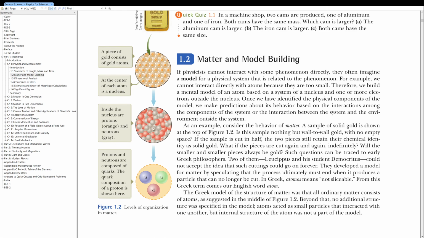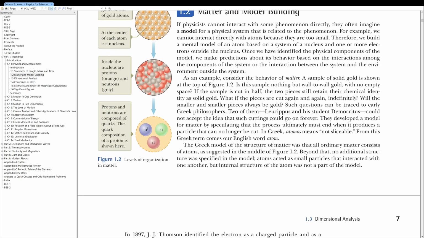And what's a gold atom? Well, inside of the nucleus, there is a certain number of protons and neutrons, right? And then what's inside of the proton? Well, there's some quarks doing some really fancy and amazing stuff, right? And the question is, do we really care about the quarks if we want to know whether we're rich or not, right?